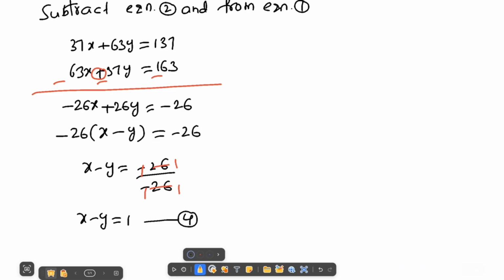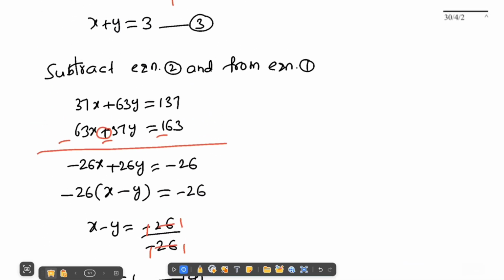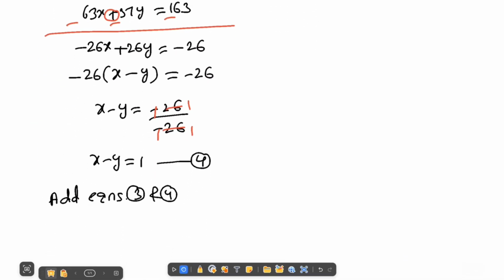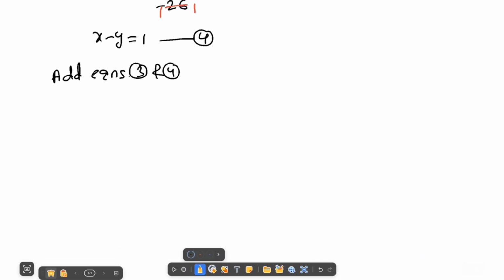Now add equations 3 and 4. What do we get? Equation 3 is x plus y is equal to 3.